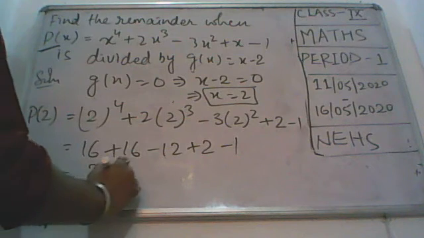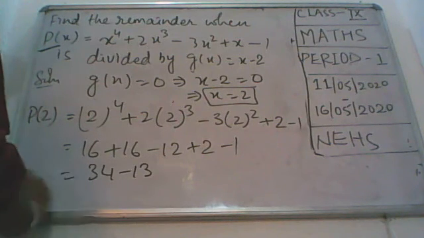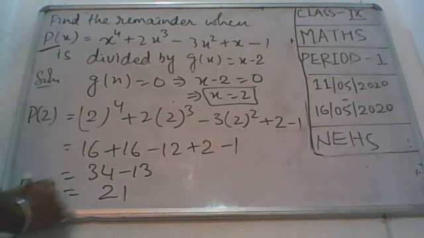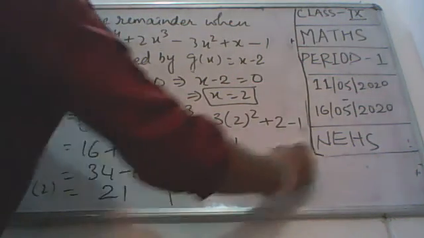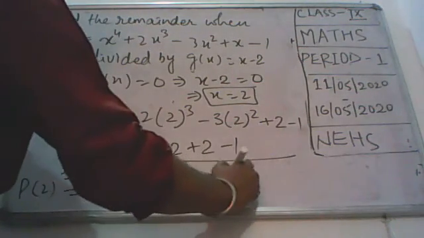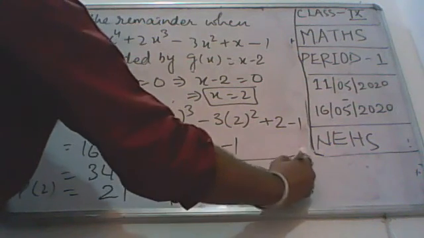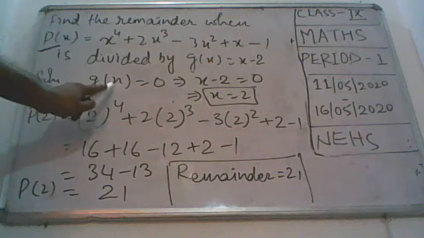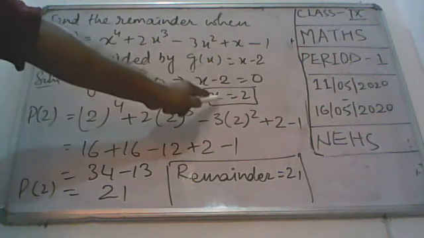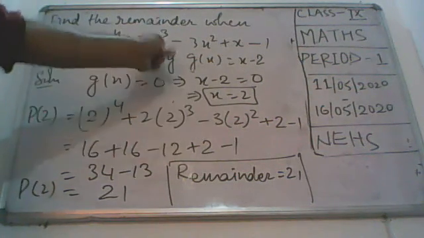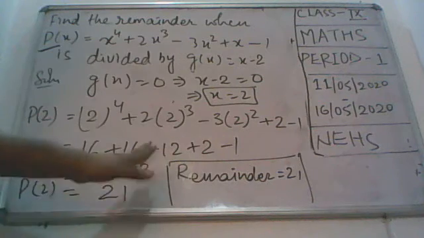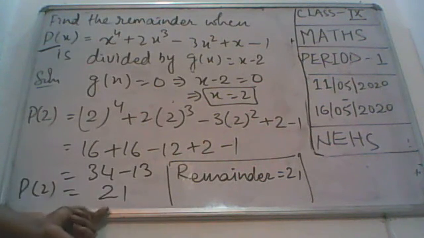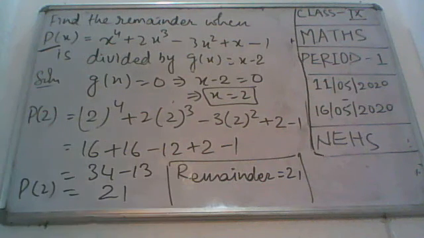So 34 minus 13 is 21. P(2) is 21. So we can say here the remainder is 21. Why? Because this is one of the factors of this polynomial, so it would be 0 if it completely divided. After dividing, if something is remaining, then this is my remainder, and in this case it is coming 21. So 21 is my remainder.